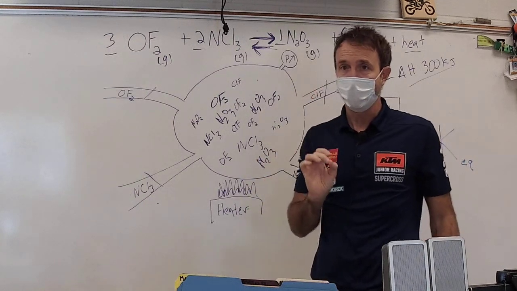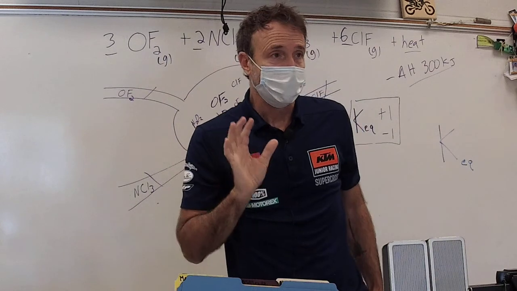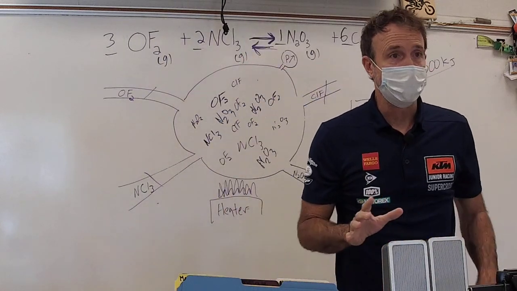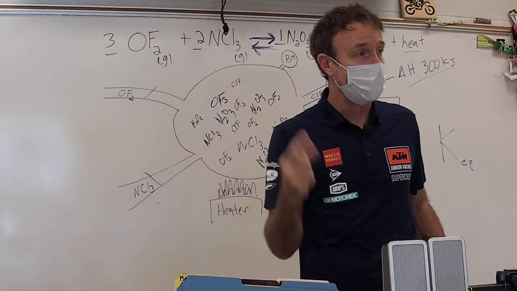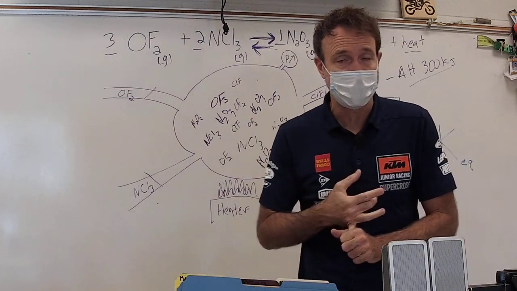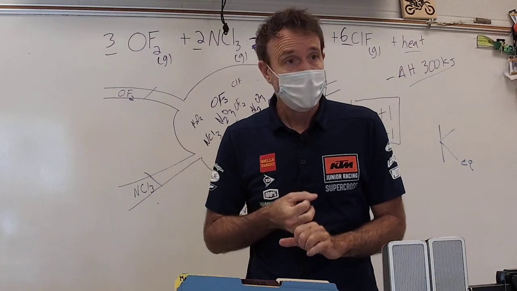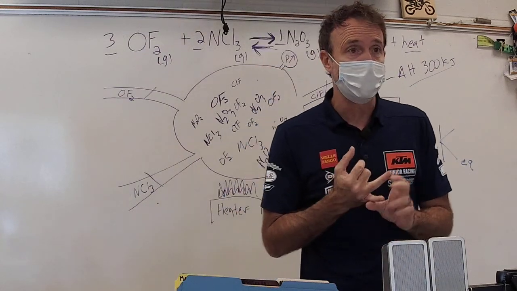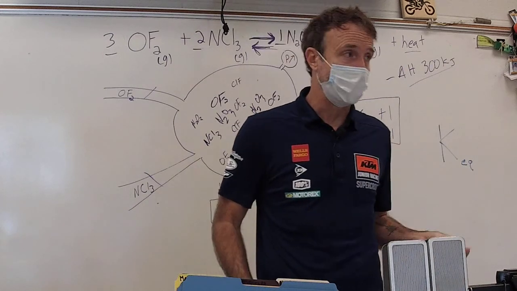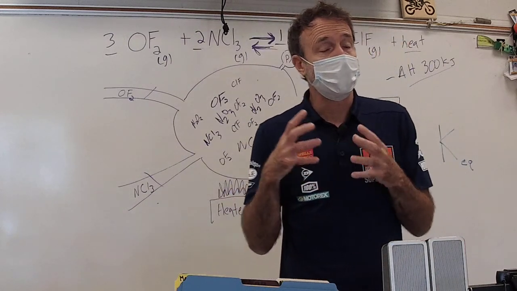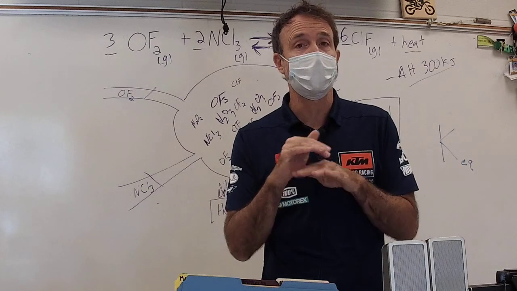It's just like your car engine. If your car engine is running properly, it is very exothermic, and you constantly have to cool it off using the radiator and the fan. If you stop using the radiator and the fan, and you drain all the fluid out of your radiator, and you cut the fan off, then your car will get hotter and hotter, and then it will stop working.